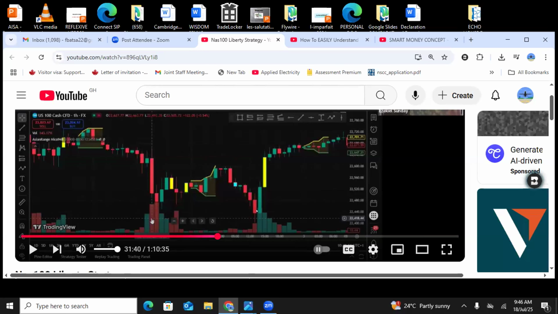Just after that, you see there's a change of character with a long bullish candle. This should confirm that you are going to buy. Then you target the previous high, which is over here. To be on the safer side, you just take it up to this point and take the small profit that you want to take.